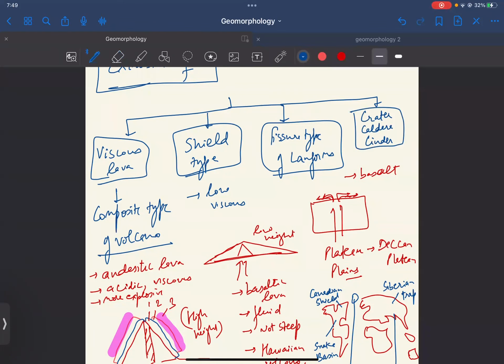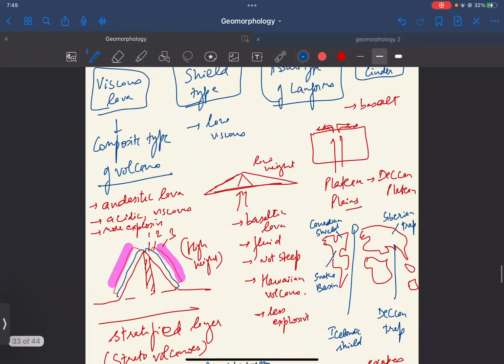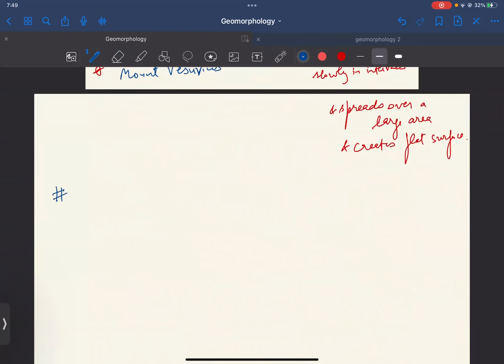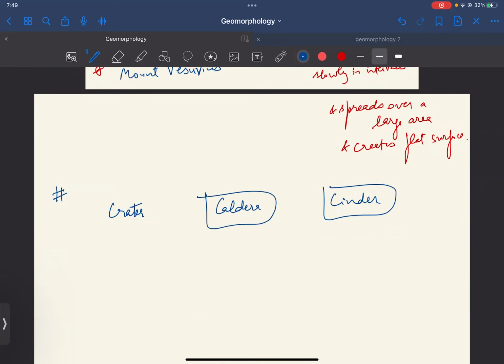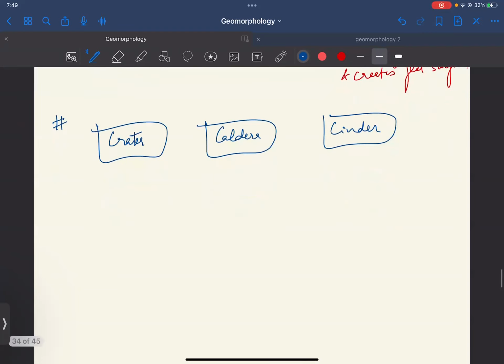So let's have a look at crater, caldera and cinder. इनमें clarity बहुत जरूरी है, because minor difference ही है और ये तीनों दिखते एक जैसे ही हैं. All right. So what is crater?